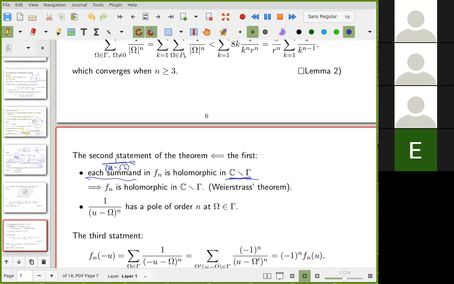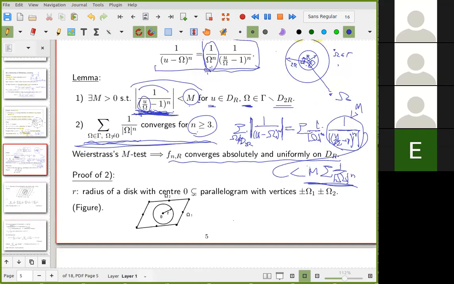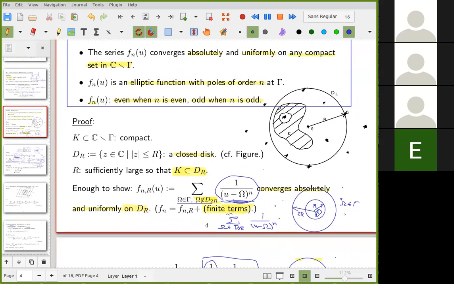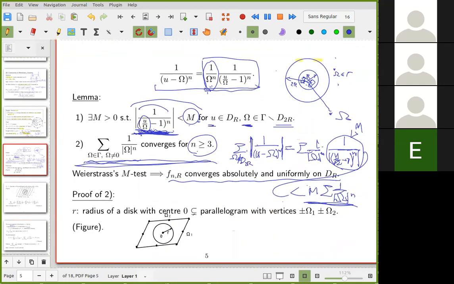Therefore, this Fn is an absolutely and uniformly convergent series of holomorphic functions, which is holomorphic because of the Weierstrass theorem on such holomorphicity.